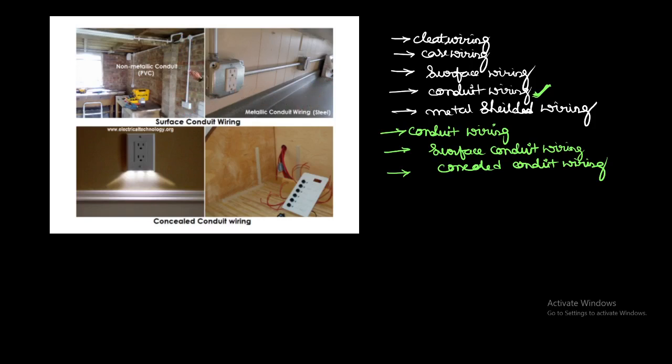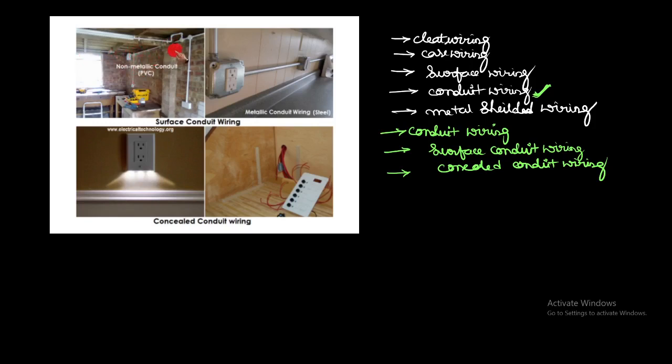How is it connected? If you observe the surface conduit wiring, you can see that we have joints there. So how does it stand on the walls? Special clips will be there. Those clips will be arranged at 1 meter distance, so that the pipe will be settled on the wall.